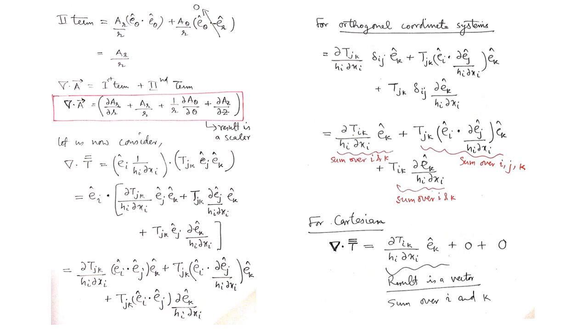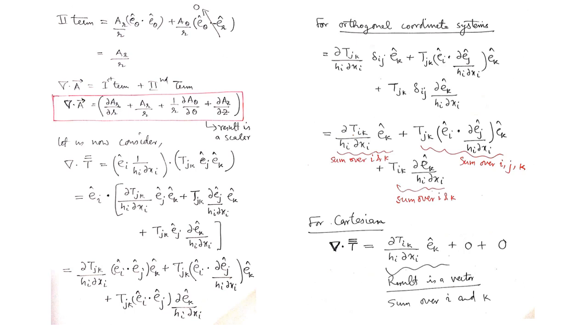So once we have completed the simplification for orthogonal coordinate systems, we move on to seeing the result for our most widely utilized Cartesian system. So del dot T in Cartesian. The second and third terms involve the partial derivatives of unit vectors, so put them to 0. And in the first term, we have to take hi, all the scale factors, as 1. I have not written it here, but it is implied that hi will be taken as 1. So the result is a vector.